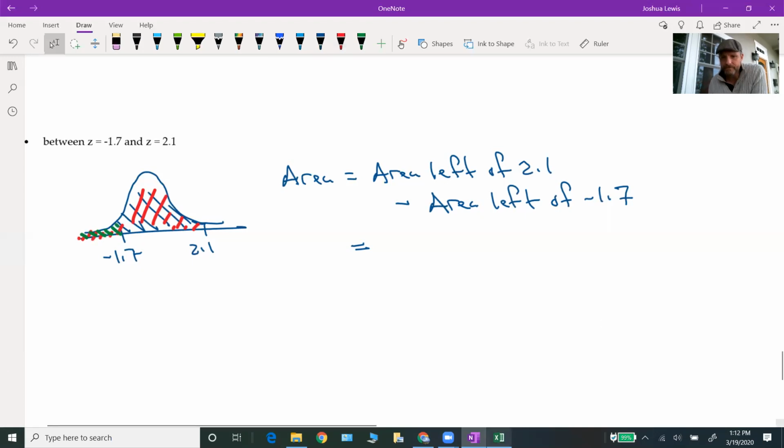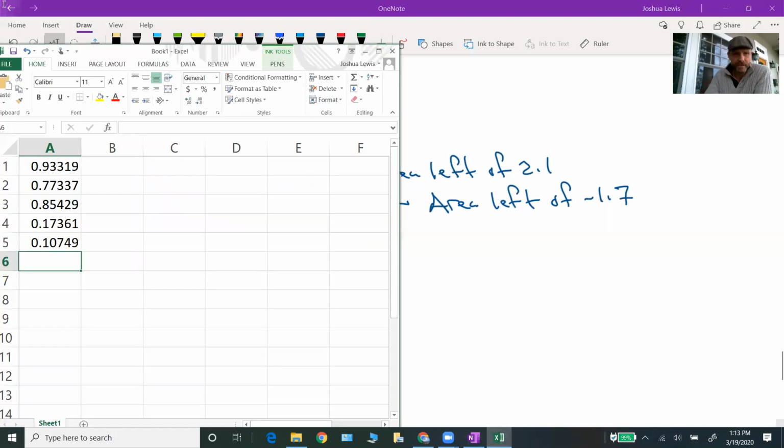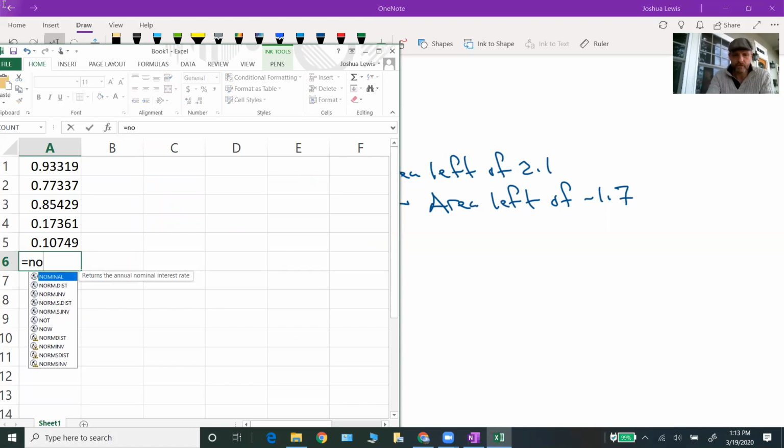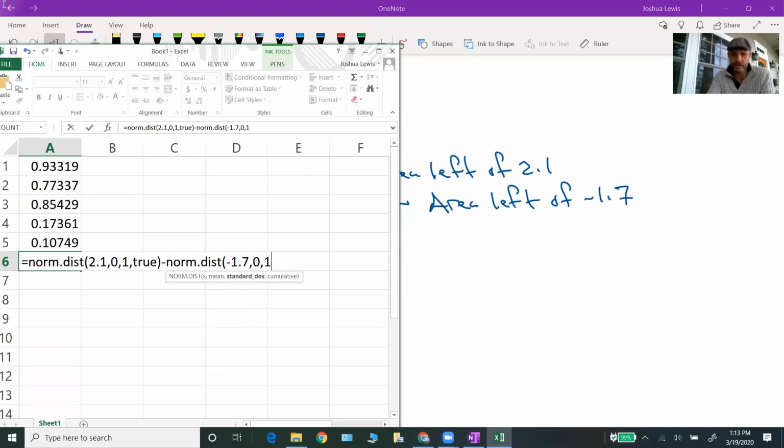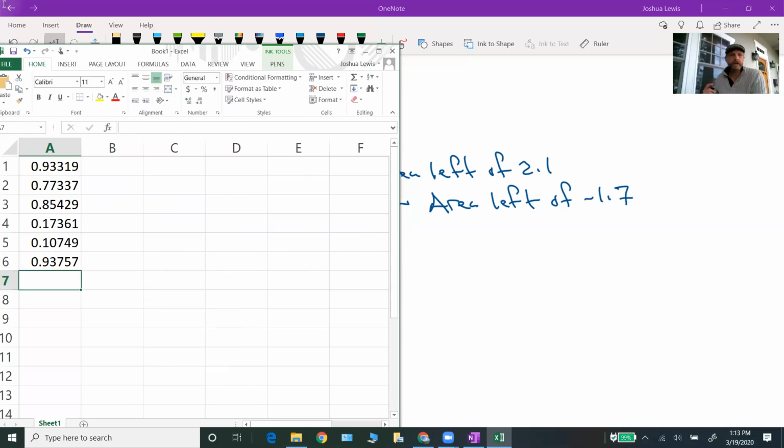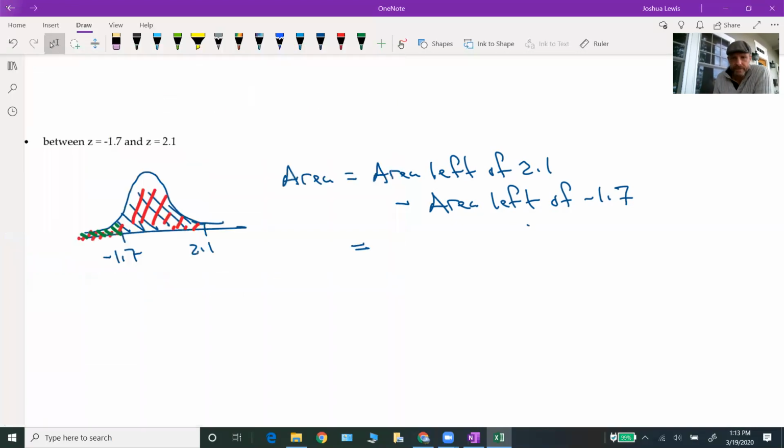Come over to Excel, and we've got equals norm.dist 2.1, 0, 1, true, minus norm.dist negative 1.7, 0, 1, and everything to the left, so true. And we get 0.9376.